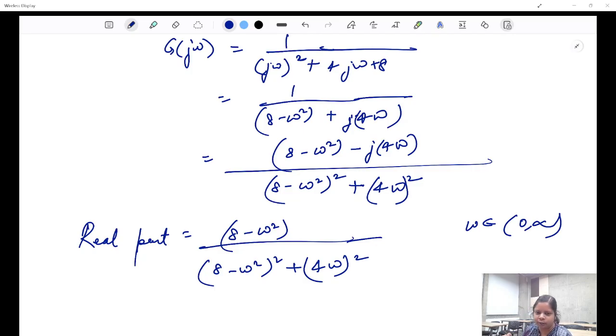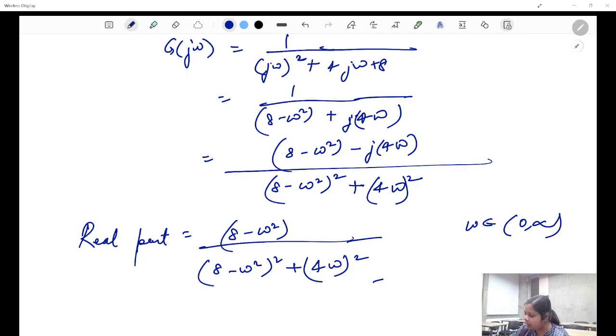The real part is going to stay positive because in the denominator we have everything positive since it is a square term, and in the numerator it is positive because the value of omega square would be less than 8. But as soon as omega is root 8, the numerator becomes 0. If we move past root 8, for example omega of 5 or 6, this is going to be negative.